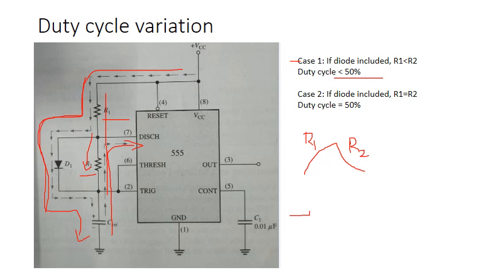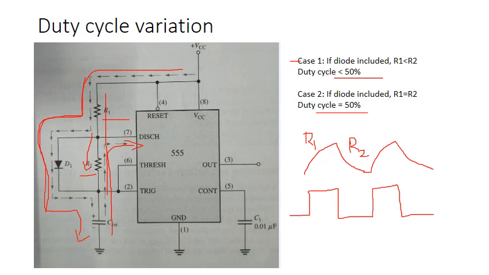So we get the output like this, and then again it will charge and then discharge in equal amount of time. So we get a proper square wave. Duty cycle is 50%. This is a free running oscillator.